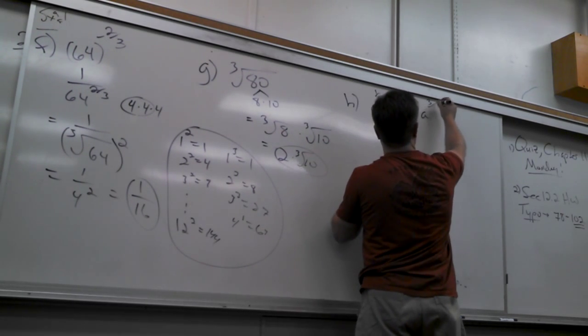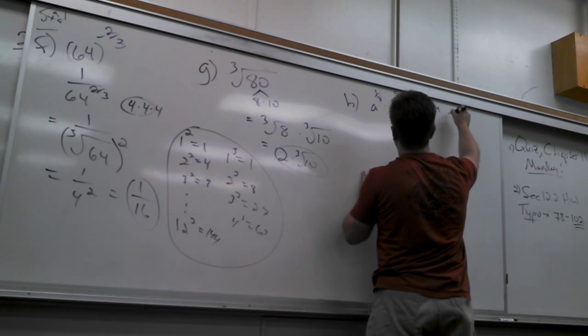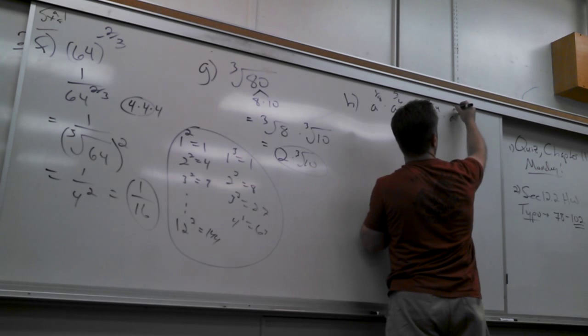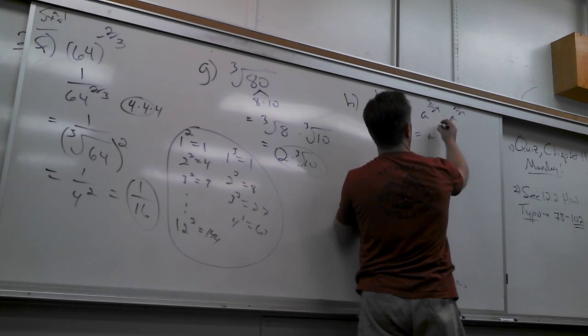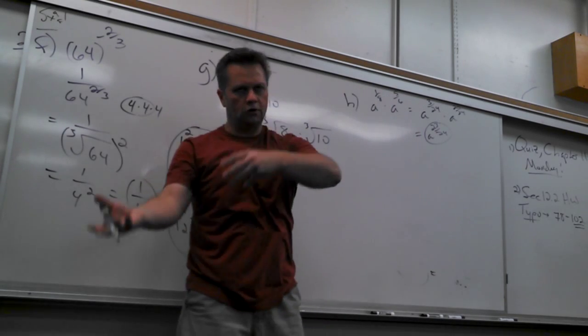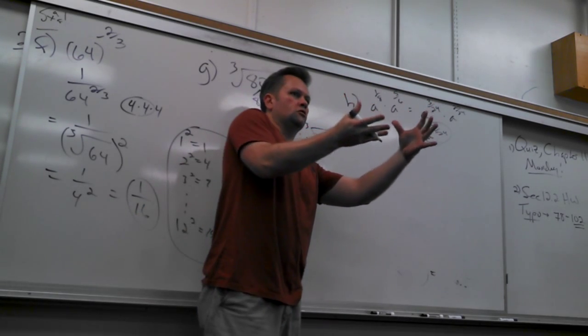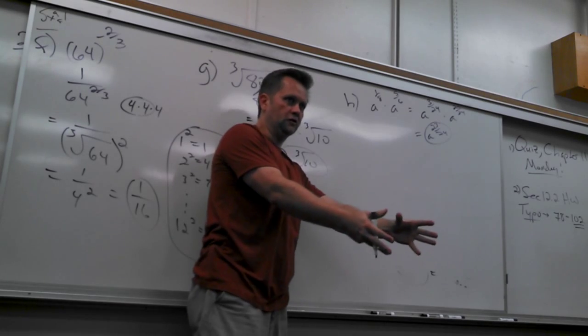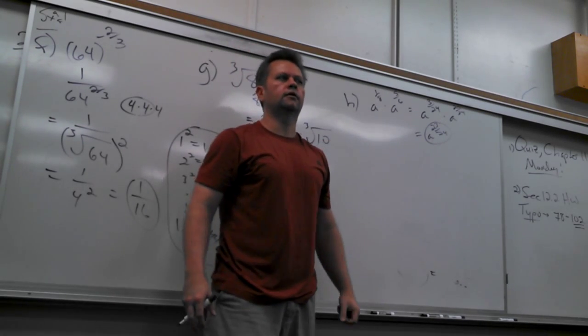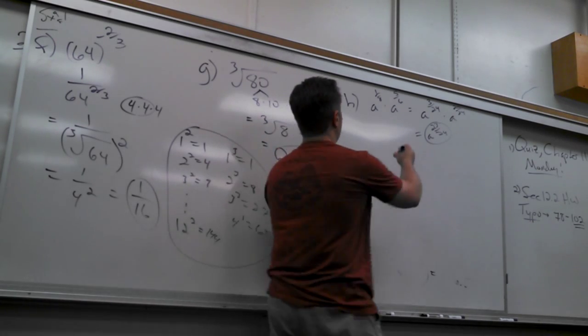So it'll be A to the 3 24ths times A to the 20 24ths, so you get A to the 23 24ths. Cool. And if you wanted to, you can make that into the 24th root of A to the 23rd power. Okay.